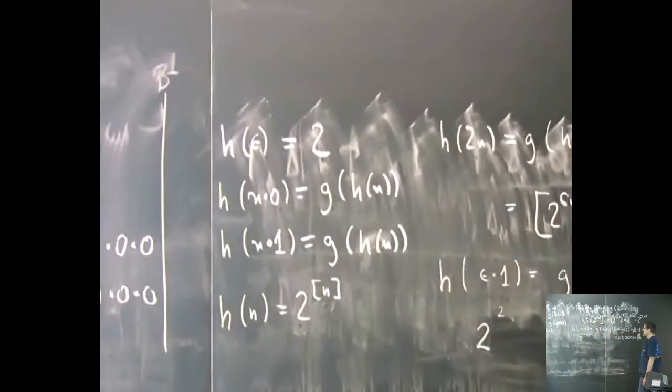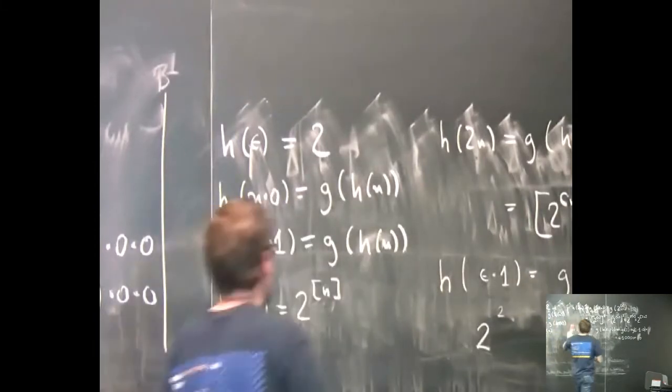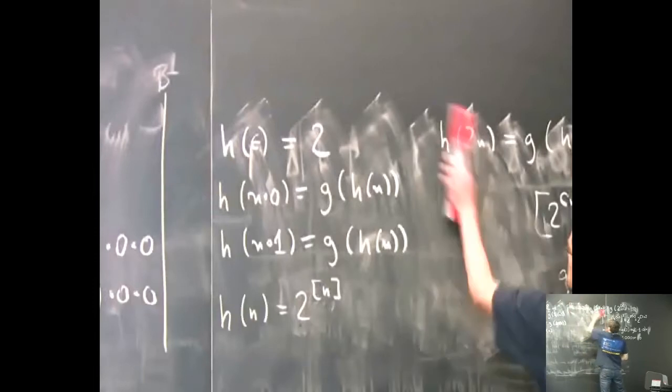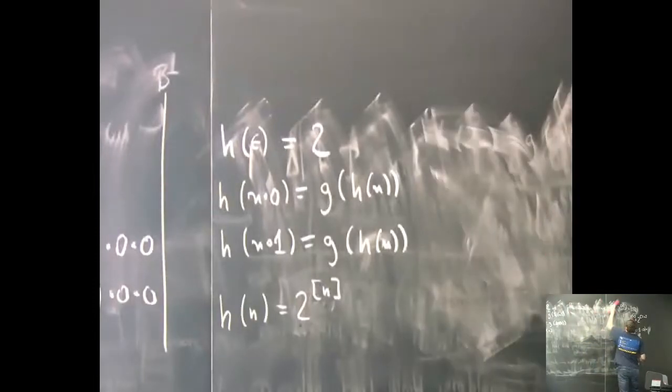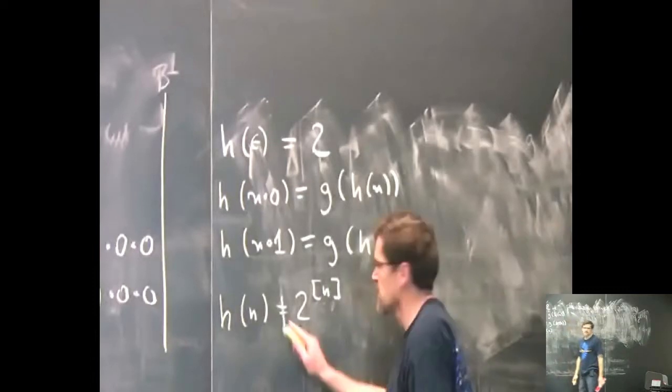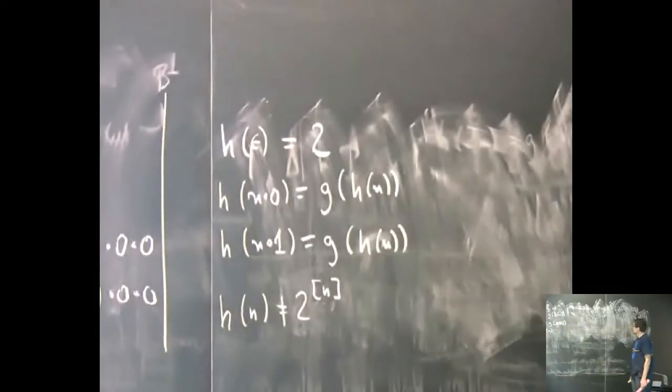Let me not try to fix it. But anyway, it should be clear that it's exponential because it gets only bigger if we add 1 here. So it's not equal to that, but okay.